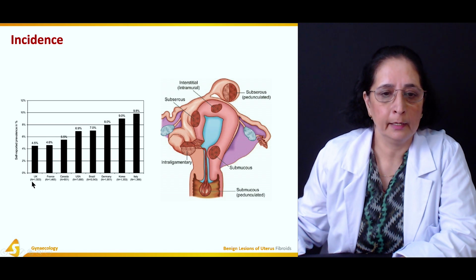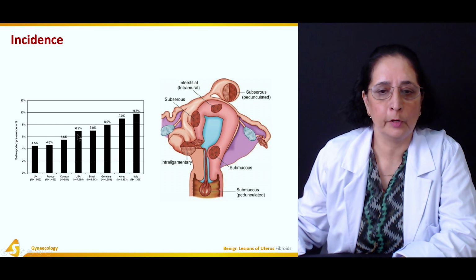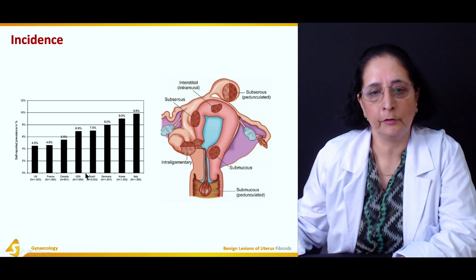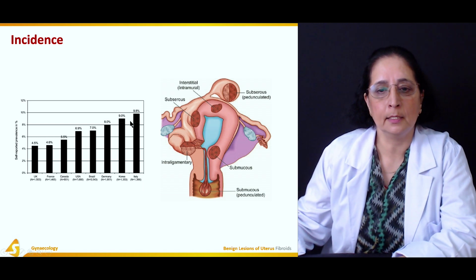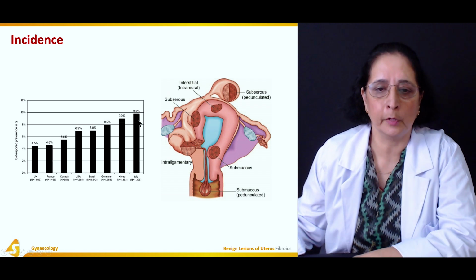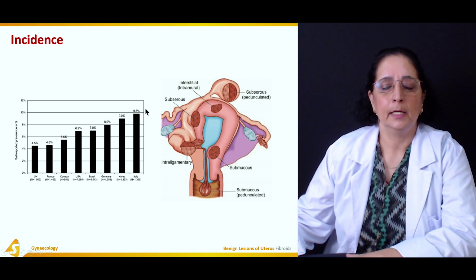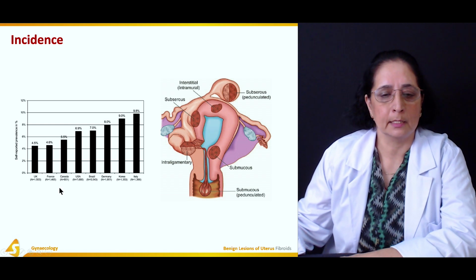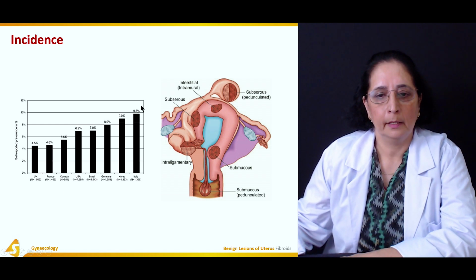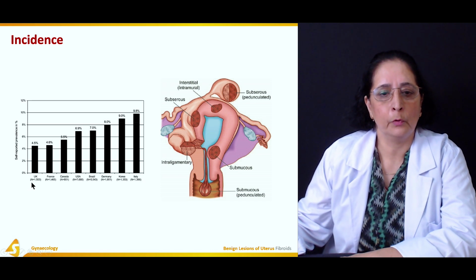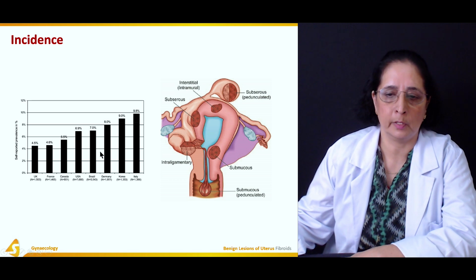In the UK it is 4.5%, in France 4.8%, Canada 5.5%, USA 6.9%, and it keeps on increasing, and its incidence is highest in Italy. Italy is about 9.5 to 9.8% of the cases of fibroids. So the highest incidence is in Italy, and the UK at 4.5% is on the lower side.